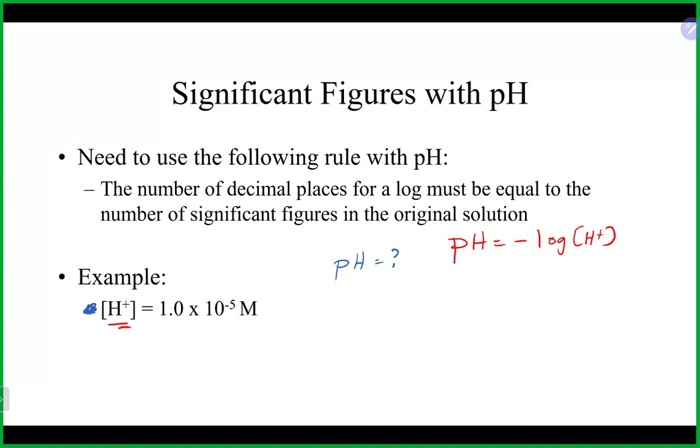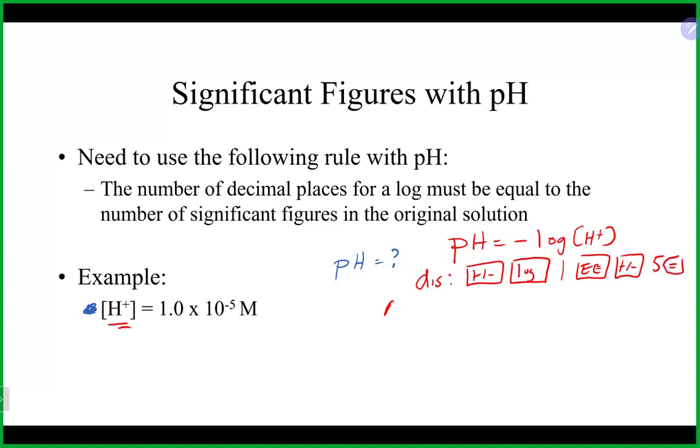Again, you'll put it into your calculator one of two ways. If you have a display calculator, you're going to hit your negative button, your log button, and then your 1, exponent button, negative button, and 5, and hit equals.